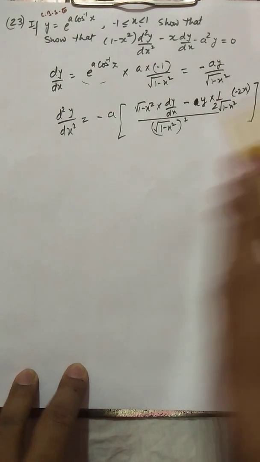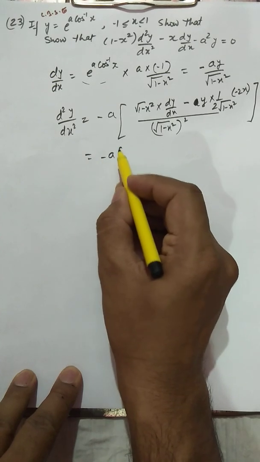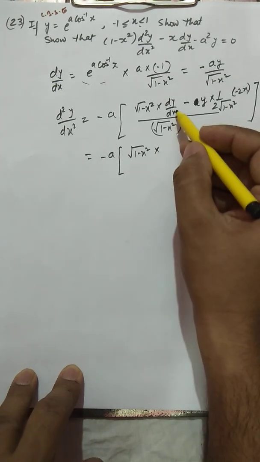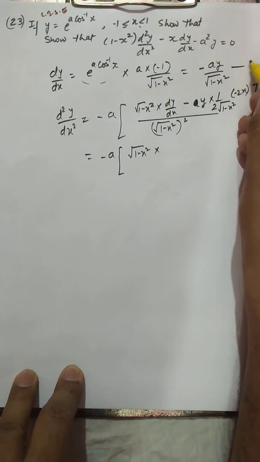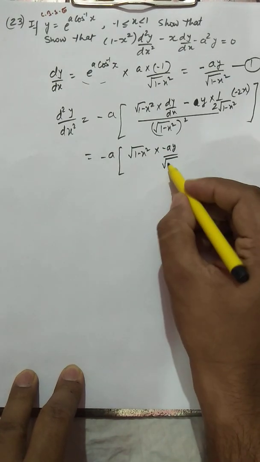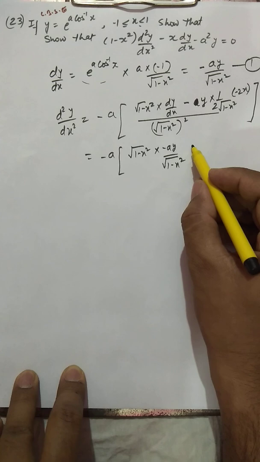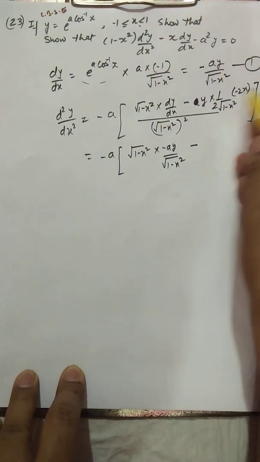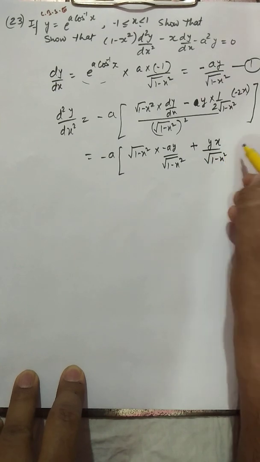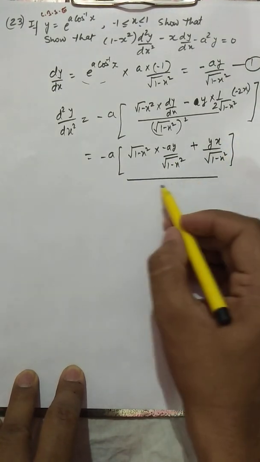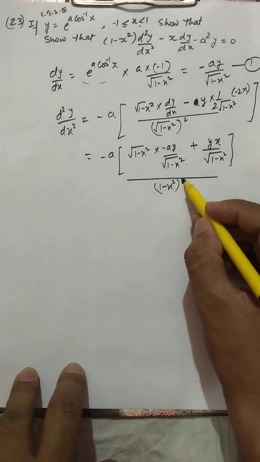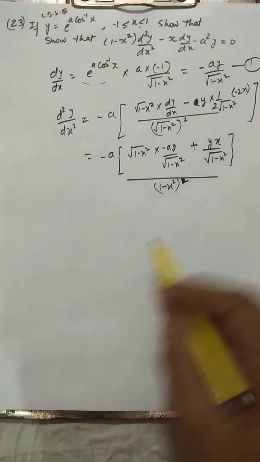You can simplify this further. You substitute the value of dy by dx from step number 1, which is minus ay upon root 1 minus x square, and this 2 will get cancelled, and minus will become plus, y x upon root 1 minus x square, and the denominator is 1 minus x square, and the root got cancelled.